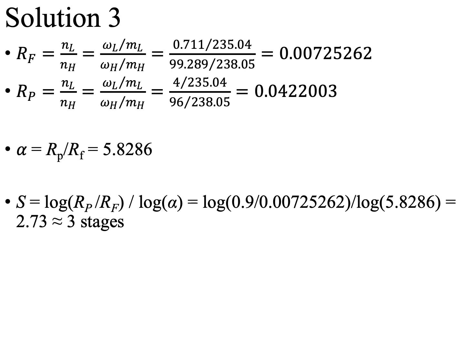Those equations do not apply to this problem because this is a laser separation method. It is not the gas centrifuge or gas diffusion method. So the alpha is very simple. Just calculate this one from the definition. So alpha is equal to RP over RF. So that is 5.8.